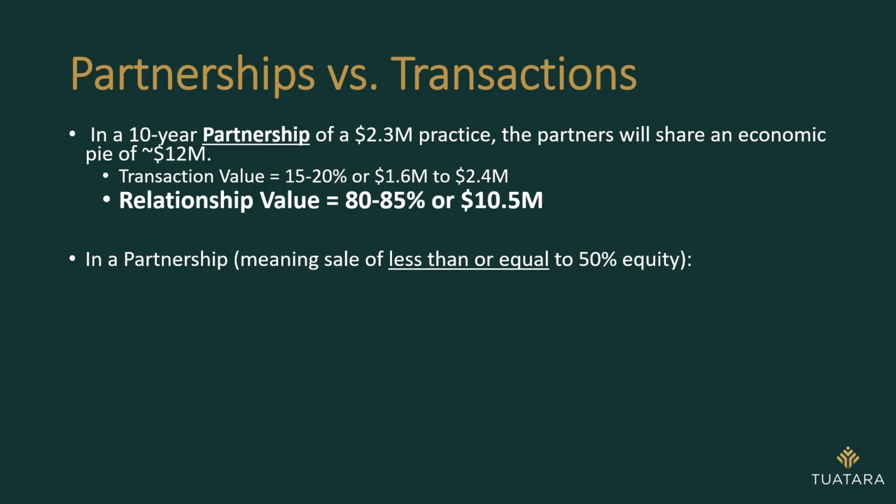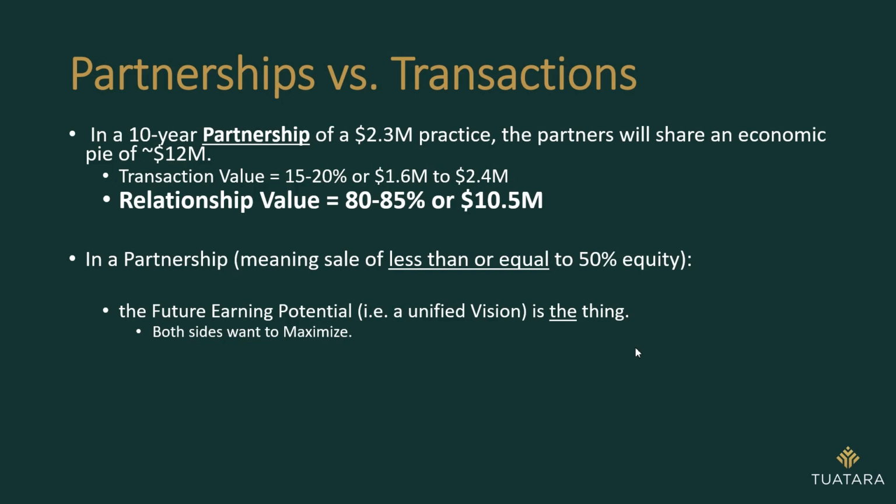Oftentimes in our framework, we advocate for two different tranches, whereby the partners will first enter into a 75-25 for a number of years, and then a 50-50. They'll operate as 50-50 for a period of time, and then whether the original seller sells the rest of that 50% to the original buyer, or finds a new partner, there's some flexibility there.